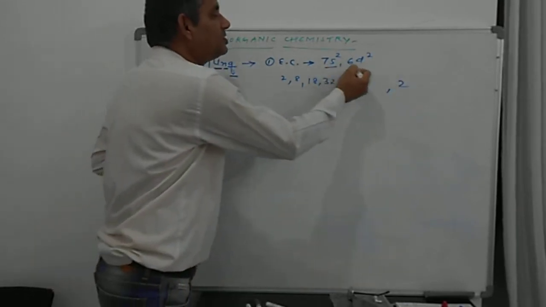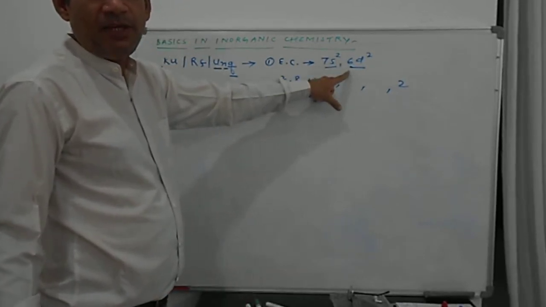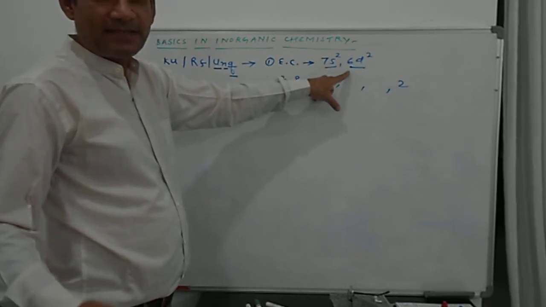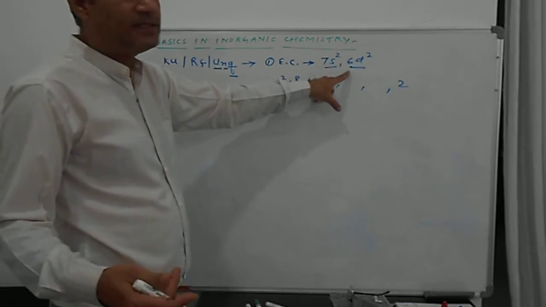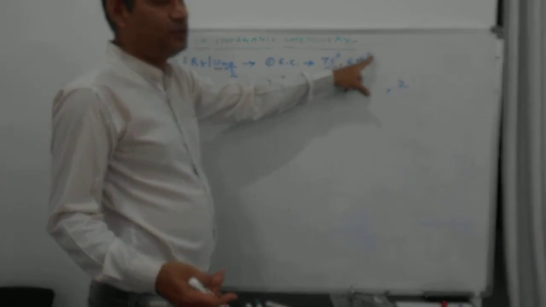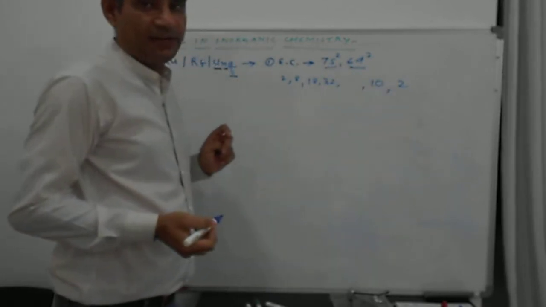See, this is the sixth shell. In the sixth shell, you have written 6d2. What does it mean? It means you have already filled 6s and 6p. So 6s2, 6p6, 6d2. S has 2, P has 6, and D has 2. So in total, how many electrons are there in the sixth shell? 10.